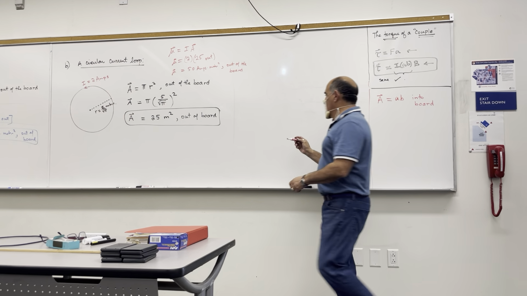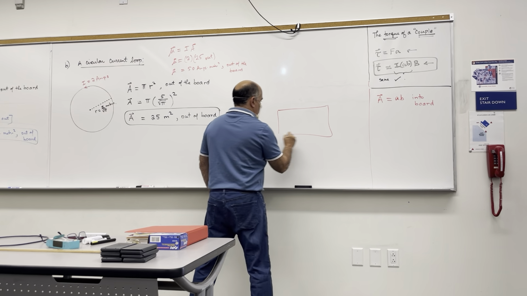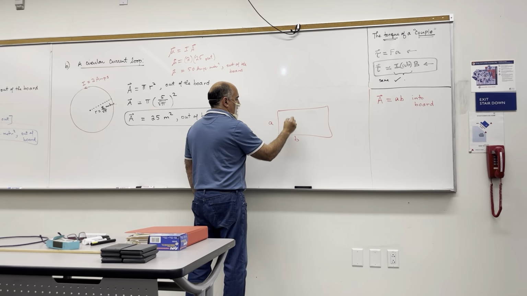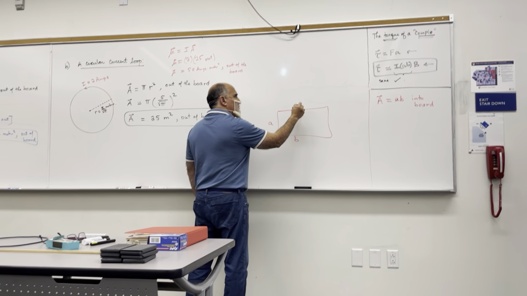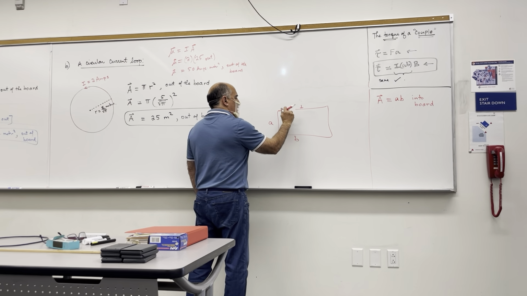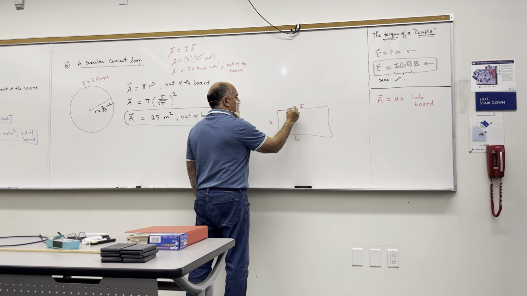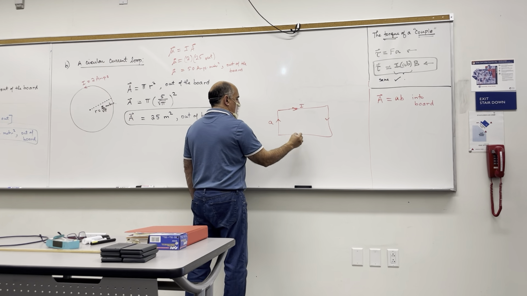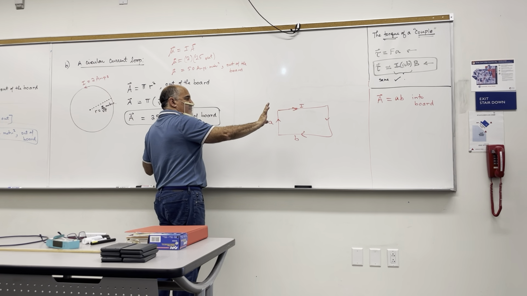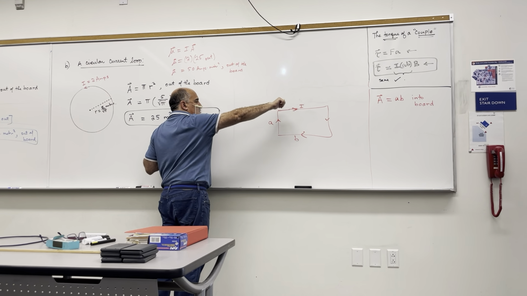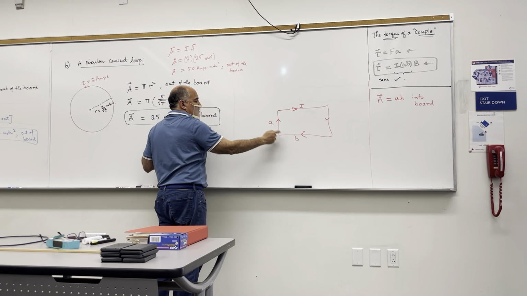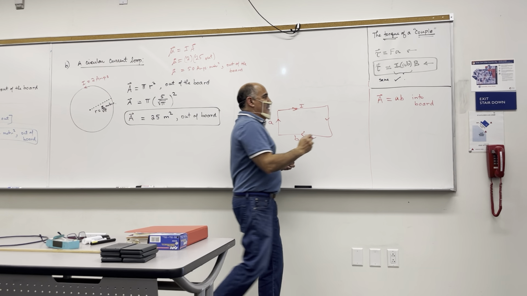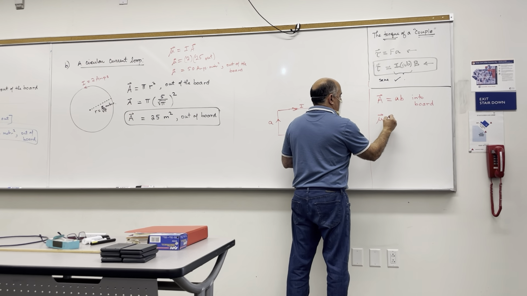We had a loop like this. I think I made this A and this B. Which way was the current? It was clockwise like that. If the current is clockwise, the area vector is into the board, and the magnitude is A times B. And what is mu, therefore?